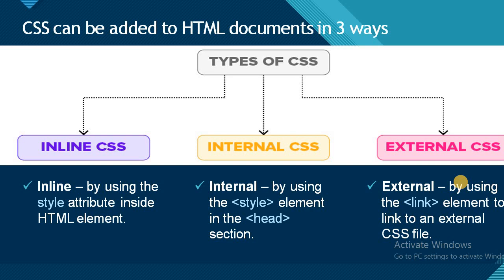The next one is internal style sheet. Internal style sheet means here we are using the style attributes inside the head tag. Internal styles are defined in CSS inside the head section of the HTML page within a style element.